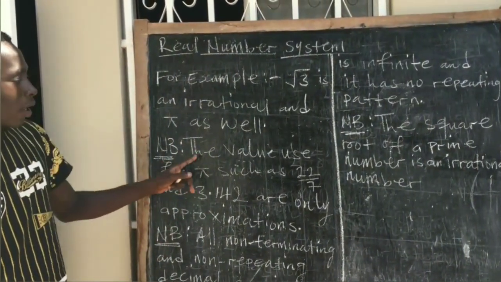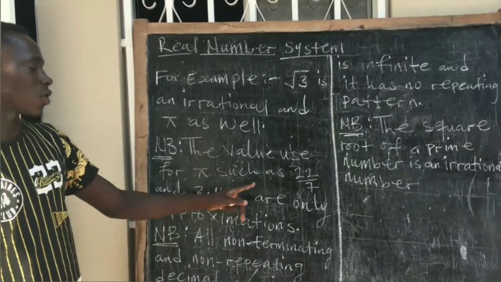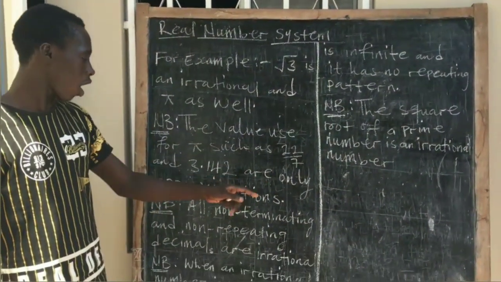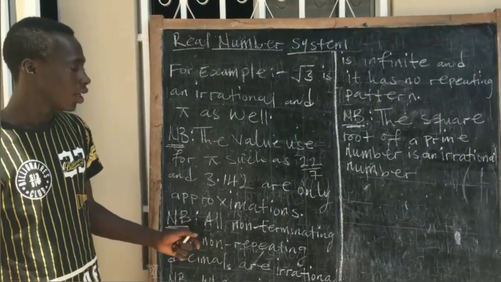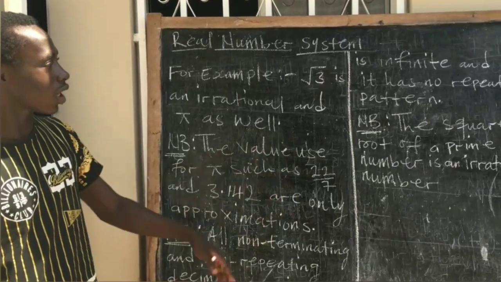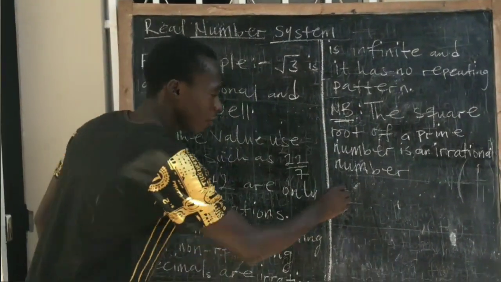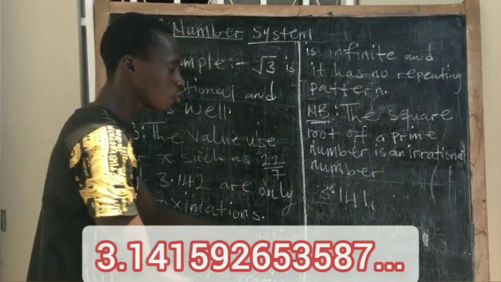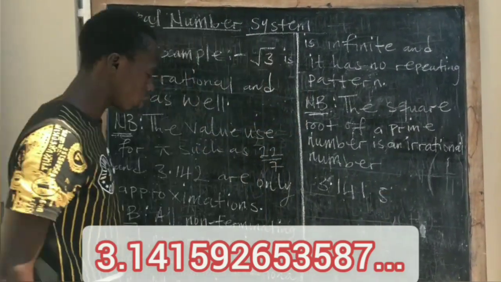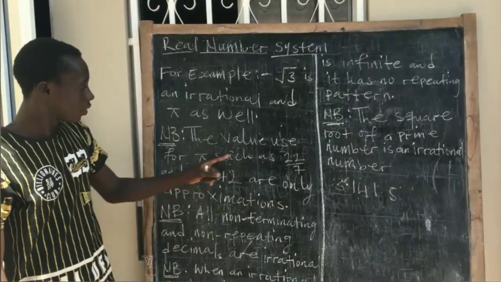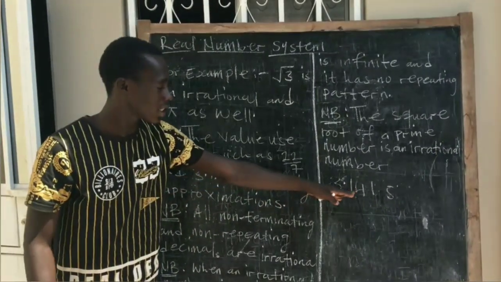Take note. The values used for pi, such as 22 over 7 and 3.142, are only approximations. Just take a look. The original value is 3.141, and the next digit is 5, because pi is a non-terminating decimal.